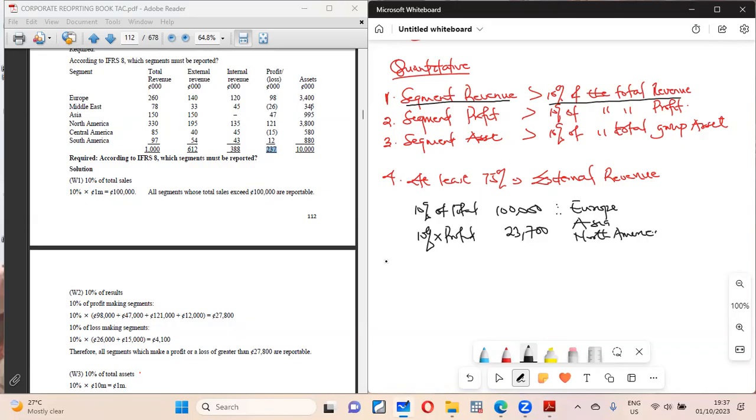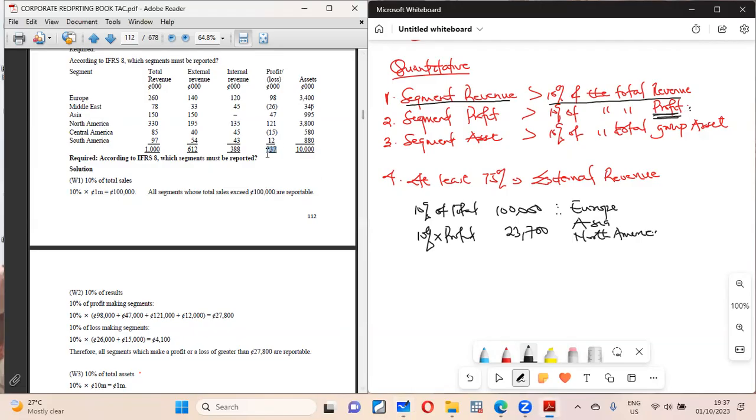So if you check that, which ones exceed? North America. I think there are losses inside. Let's take off the losses. This is loss, this is profit. There are losses, so it won't be 23,700. The standard says segment profit, it does not include loss.